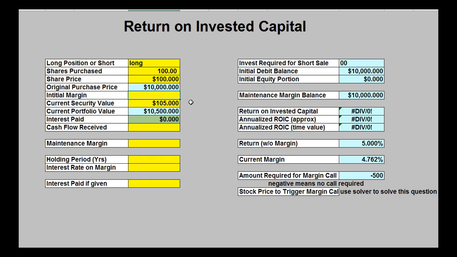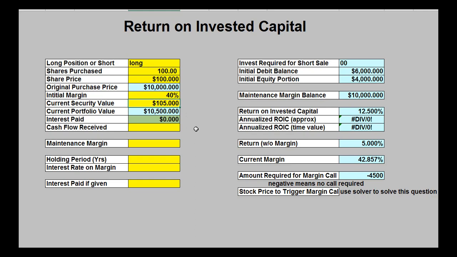In other words, the initial margin percentage is how much money you have to give in order to purchase this investment. So if they say, look, we'll give you a 40% margin account, that means, if you look to the right here, you're going to have to give them $4,000. That means you're going to borrow $6,000.